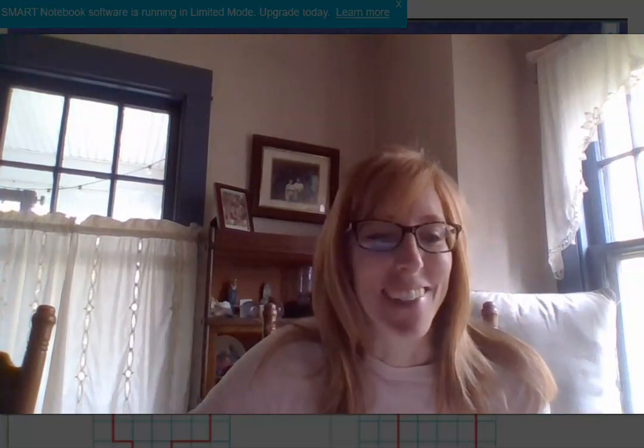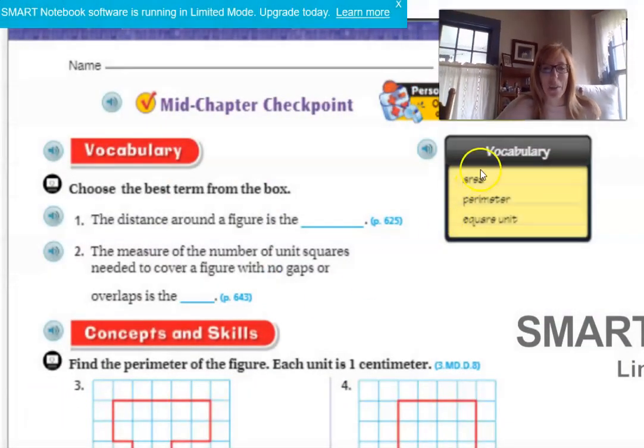All right, so let's get started. Okay, so it says choose the best term from the box. So we have area, and we know area is length times width. Perimeter is length plus width.